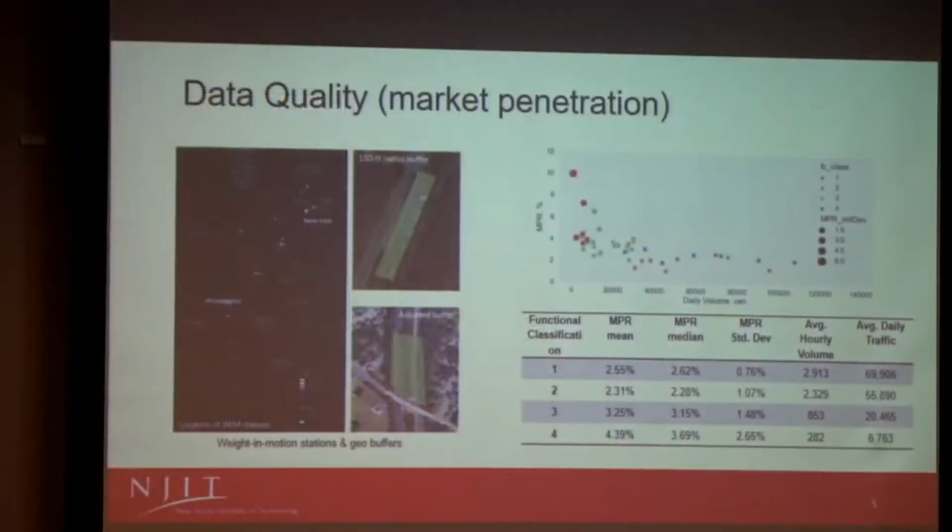As you see here, classification 1, which indicates the interstate highway, has only 2.5% market penetration rate or sampling rate. But as you see here, the average volume is about 3,000 per hour.